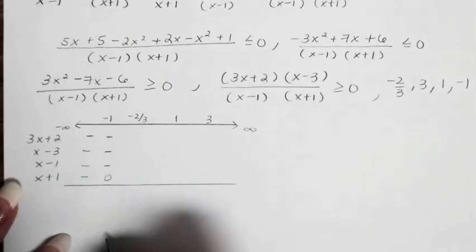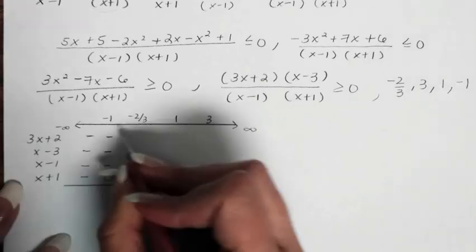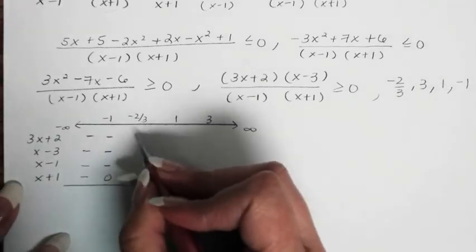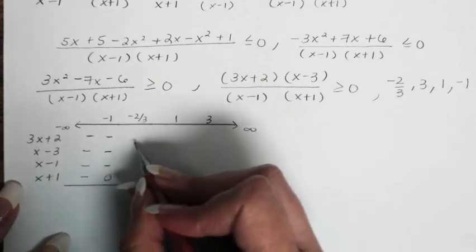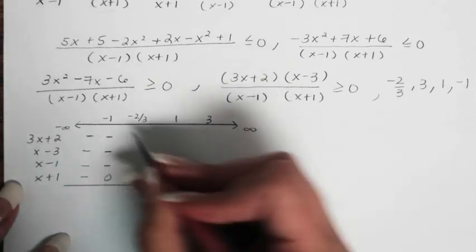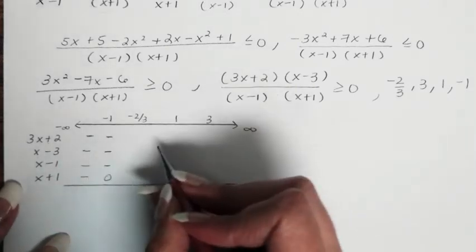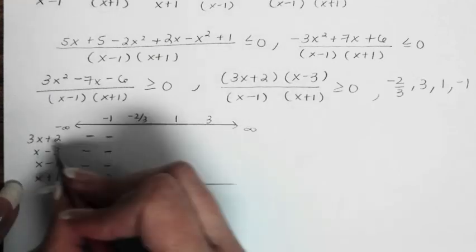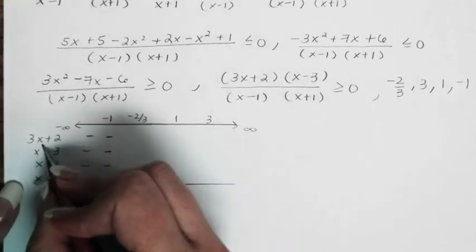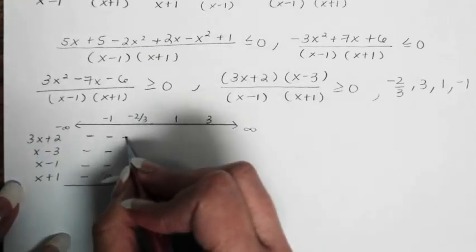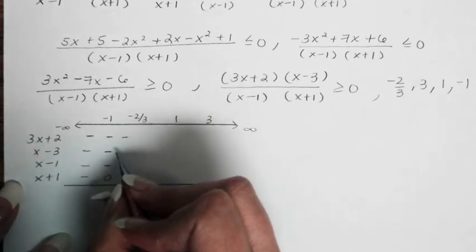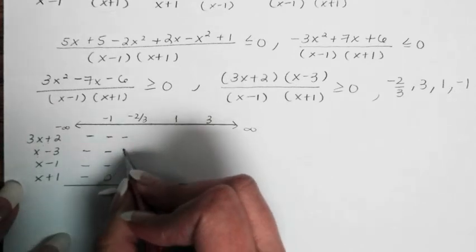Okay. After that, if you plug any number between negative 1 and negative 2/3, so that's, I don't know, negative 0.75. If you plug that one here, that's going to be negative. If you plug negative 0.75 here, it's going to be negative.